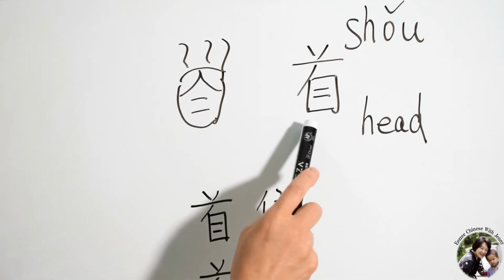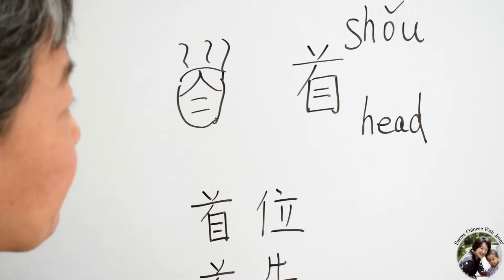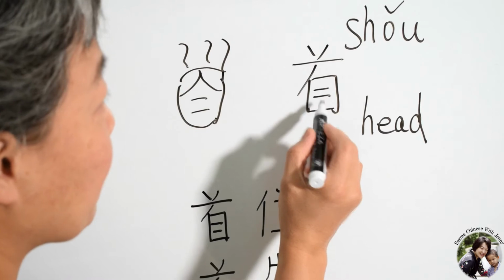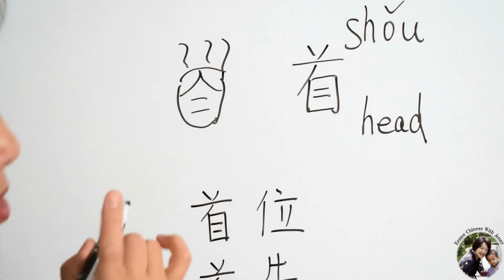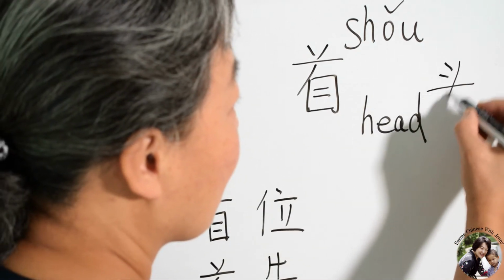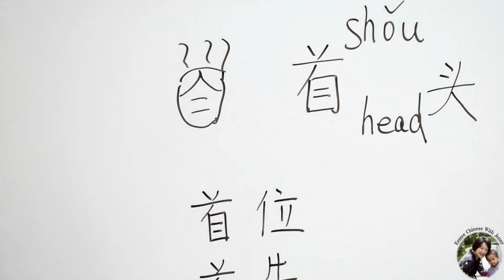And it's simplified, currently written like this. Remember, this character means yourself, right? 自己. And on top, put this, it also means head. Same meaning as this character, 头.